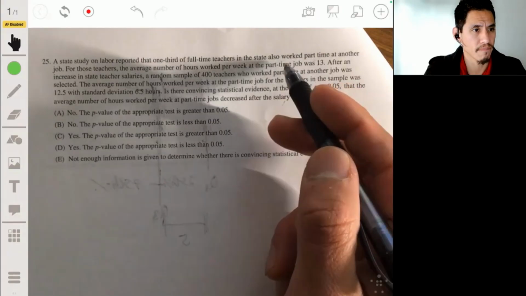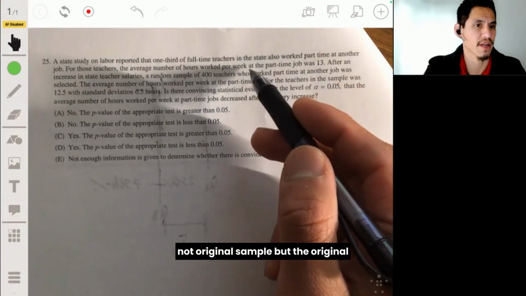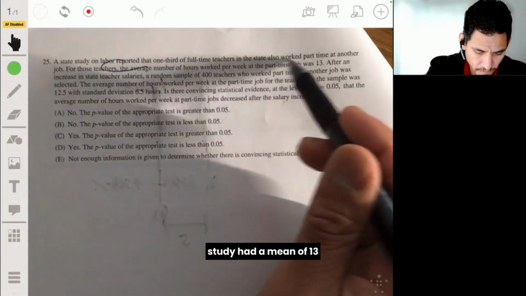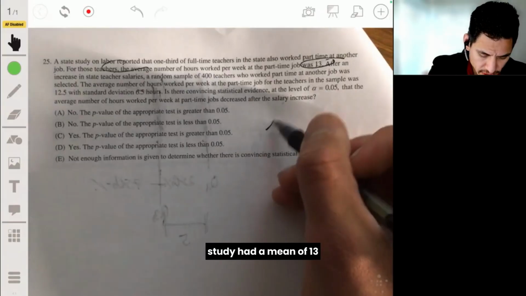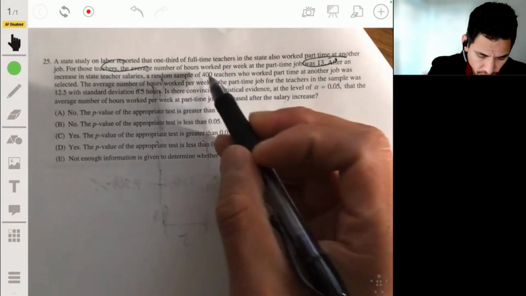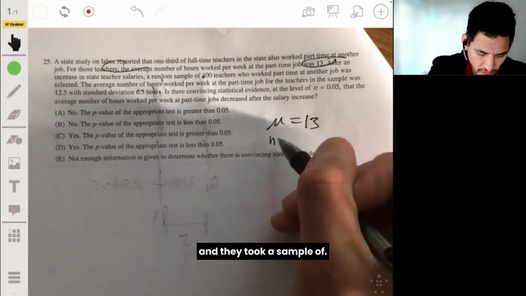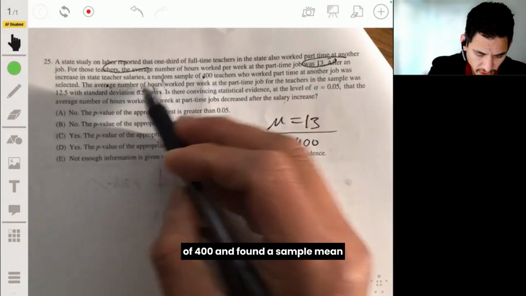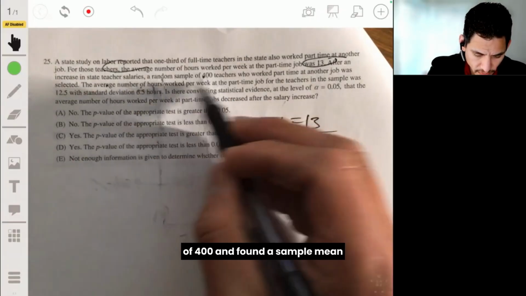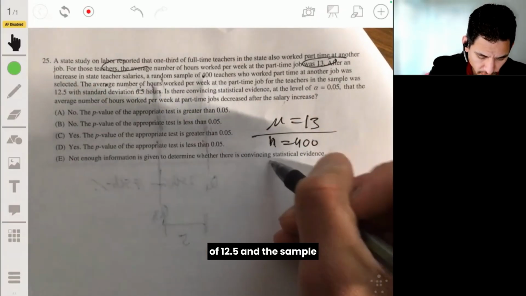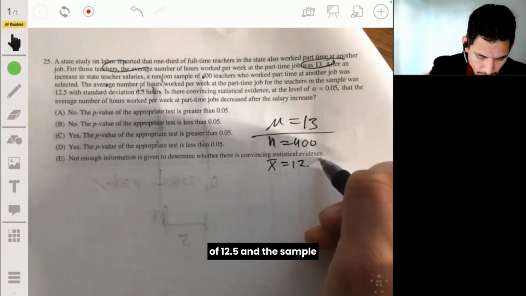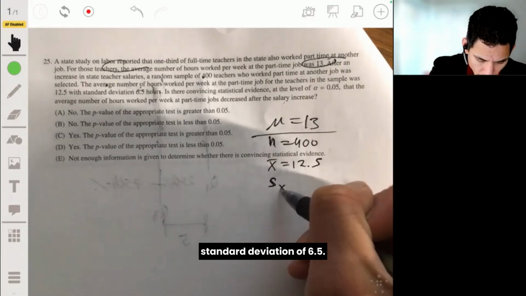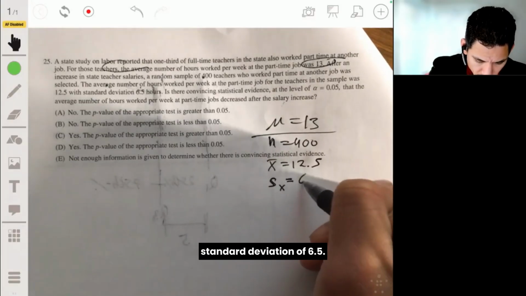The original study had a mean of 13, and in the next study, a sample of 400 found a sample mean of 12.5 and a sample standard deviation of 6.5.